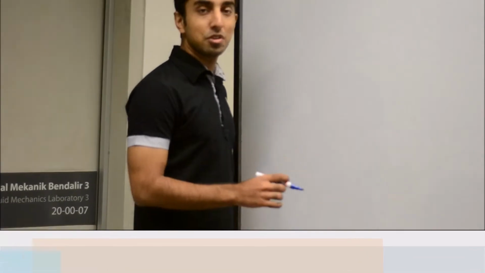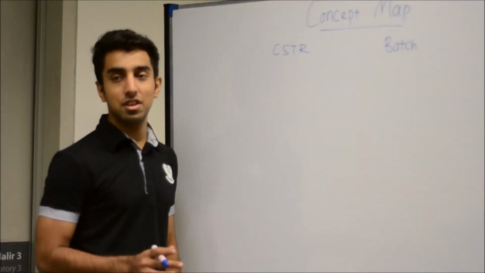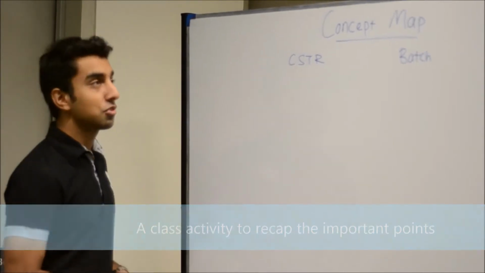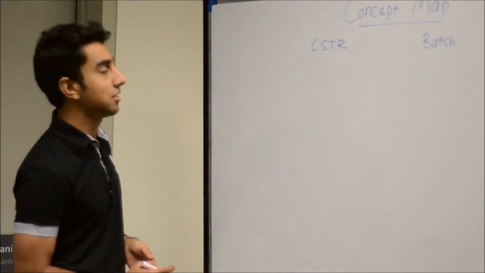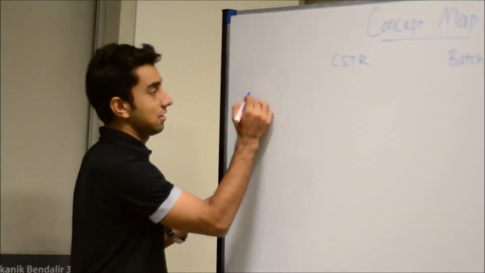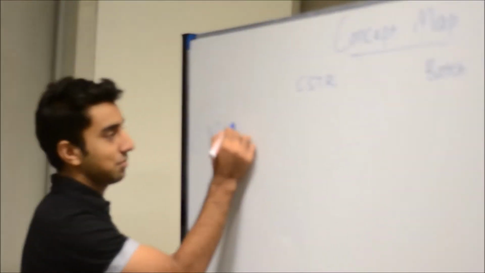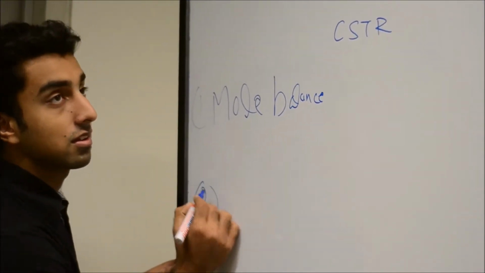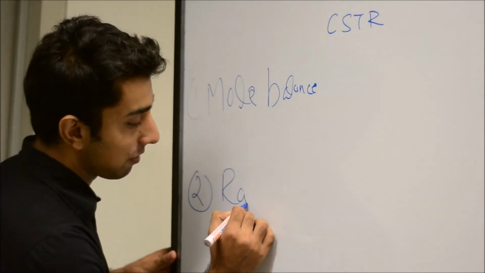So today we are going to do a small class activity in which we will recap what we have studied before. So what are the 4 steps we have studied? The first one is mole balance. Second will be rate law.